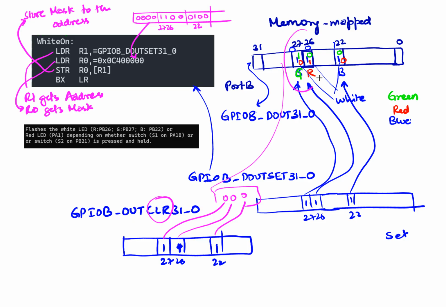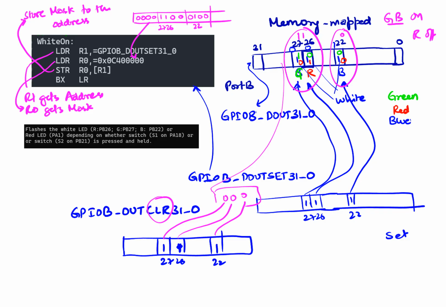I'll make these two be 1s, but I'll make this one be a 0 and see what color I get. Or actually, let's do this, so that it's interesting. Let's do green and blue. Let's turn on green and blue, and red is off.